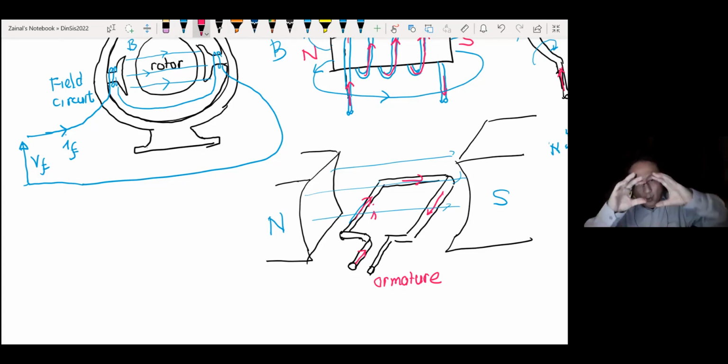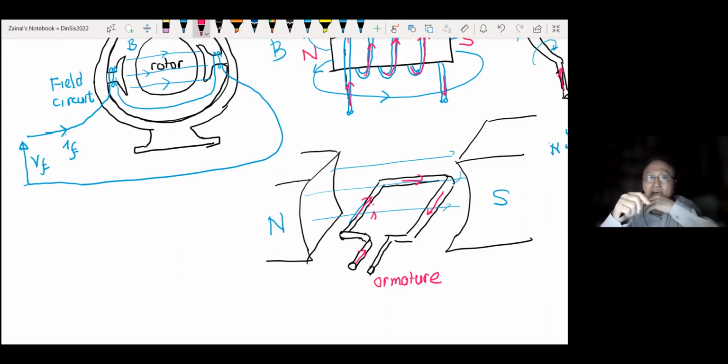Because the rotor, the rotating part, consists of a shaft, the housing, the frame of the rotor. But this one is the coil itself.